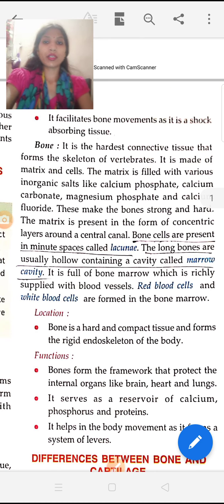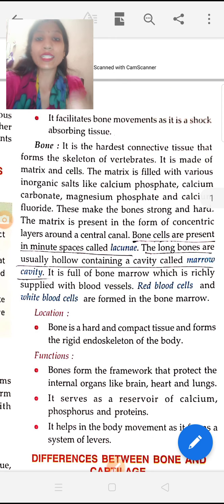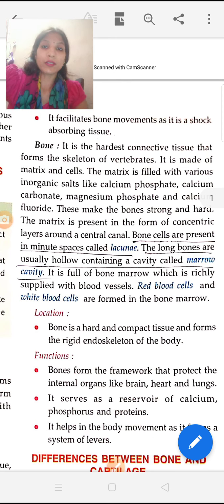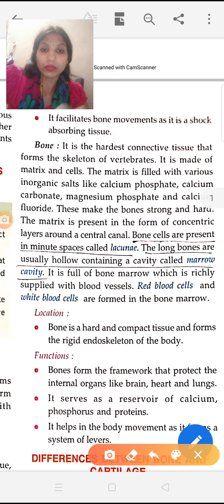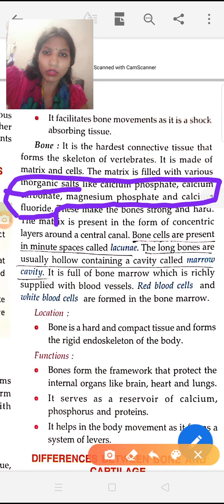One is the protein, which is the organic part of the matrix, and it is called ossein, right? And the second thing is the inorganic salts, which are calcium phosphate, calcium carbonate, magnesium phosphate, and calcium fluoride. This is called the inorganic salt, right?